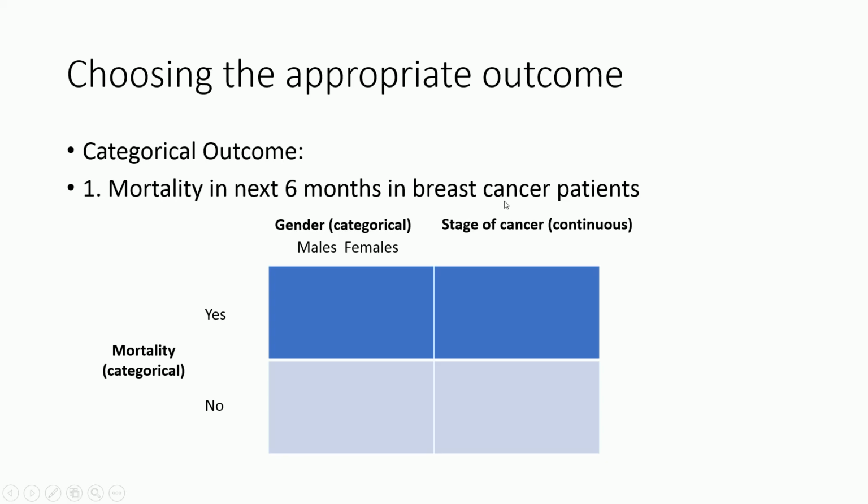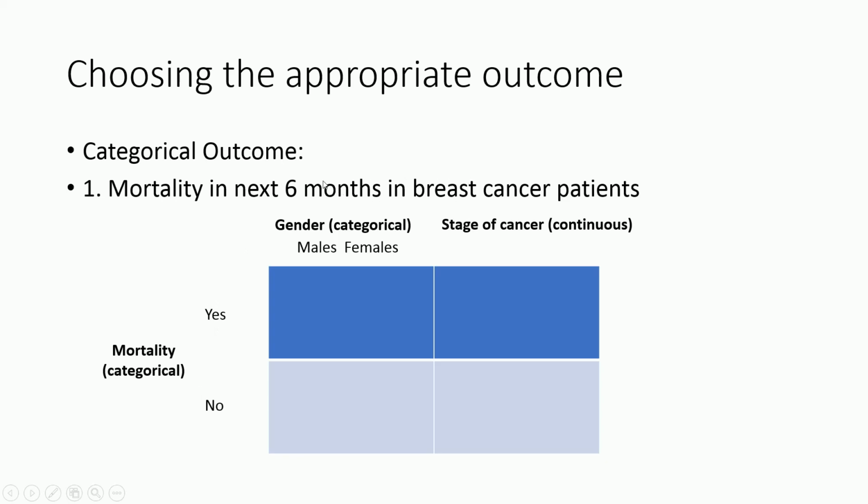The second type of outcome that we should be looking at is the categorical outcome. In this example, we can see mortality, one of the hard outcomes that I was talking about, whether a patient died or did not die in the next 6 months.